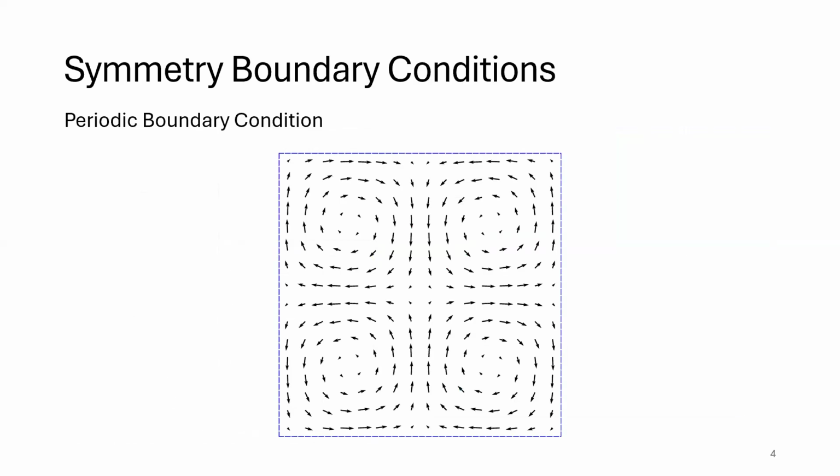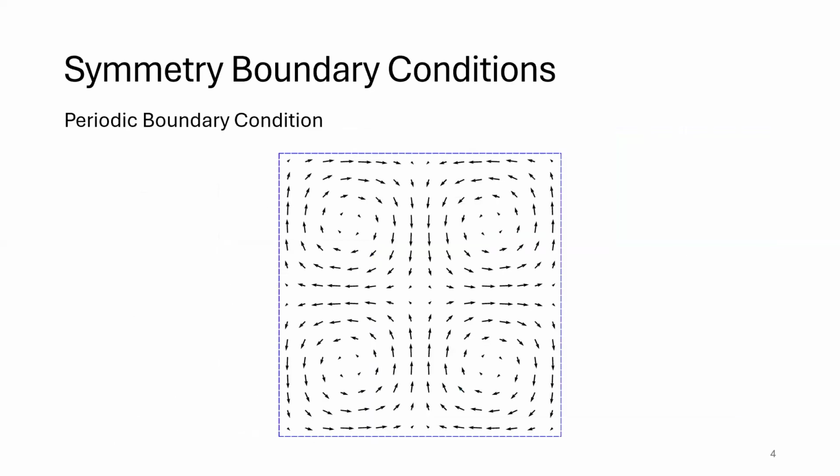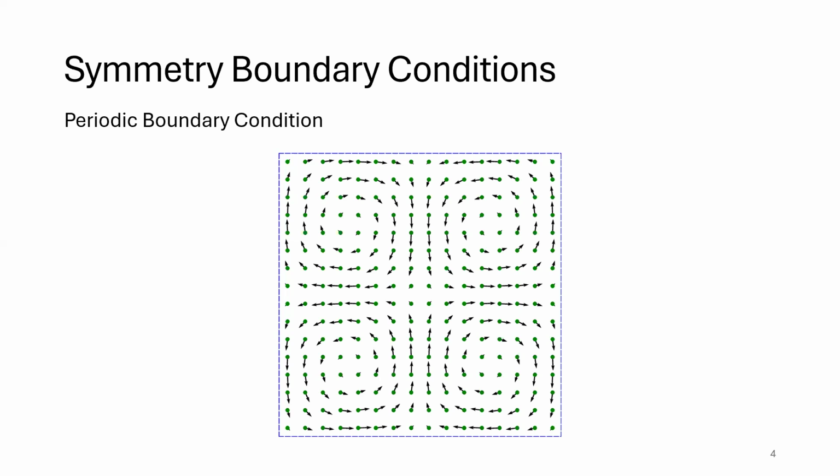So as we have seen the symmetry, we are now going to take a look at the symmetry boundary condition, starting with the periodic boundary condition. You probably know about this boundary condition, but you will see why I give you a little refresher. So we got our full domain of the Taylor-Green vortex.